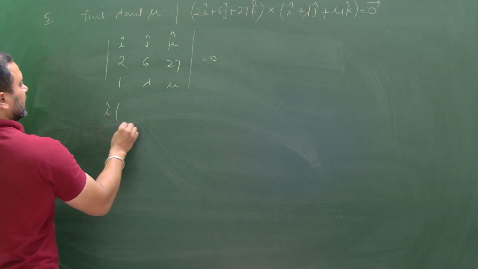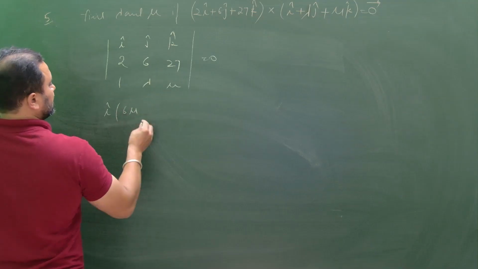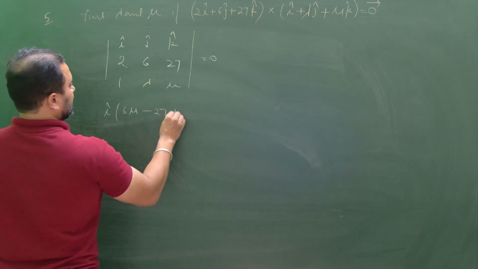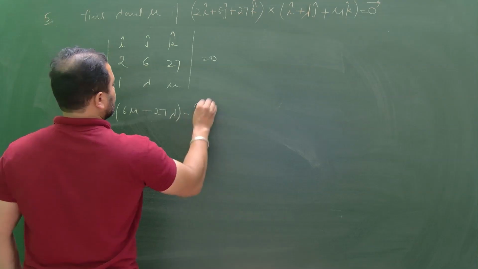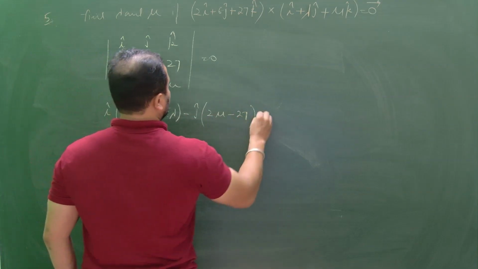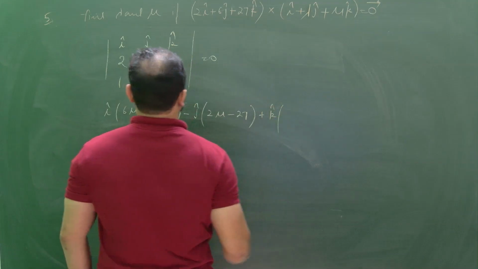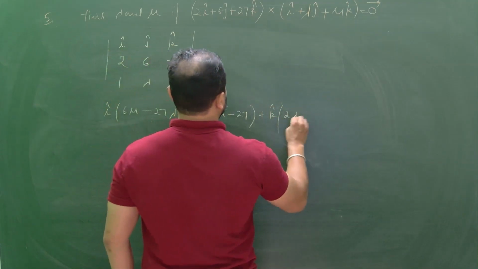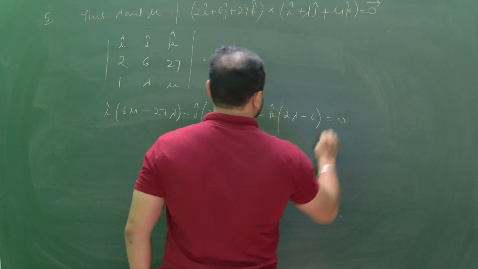This gives i times (6 mu minus 27 lambda), minus j, and k cap times (2 lambda minus 6), equal to 0.